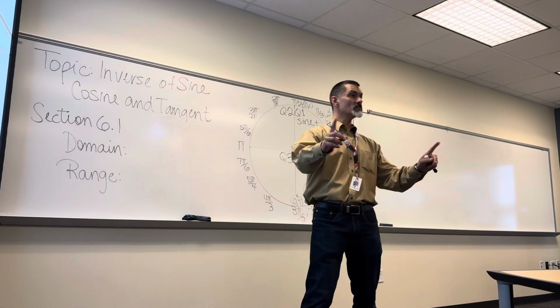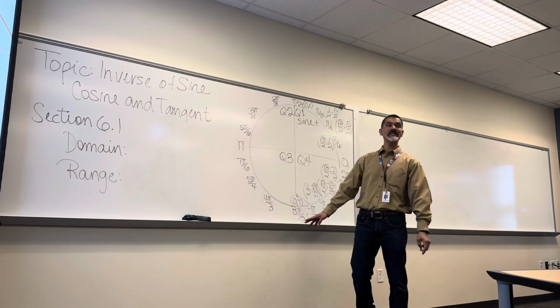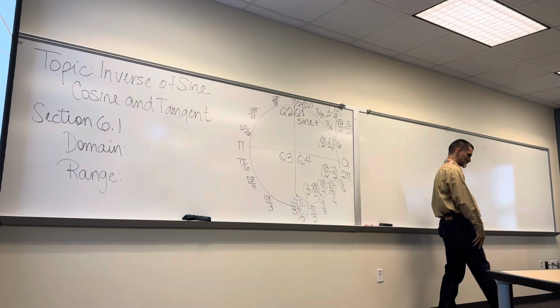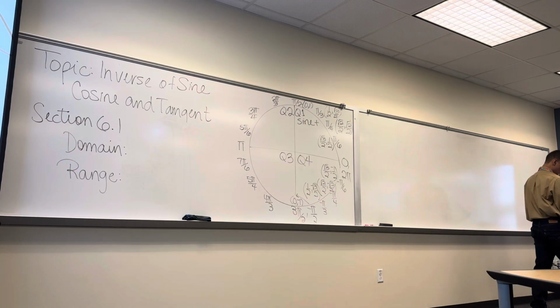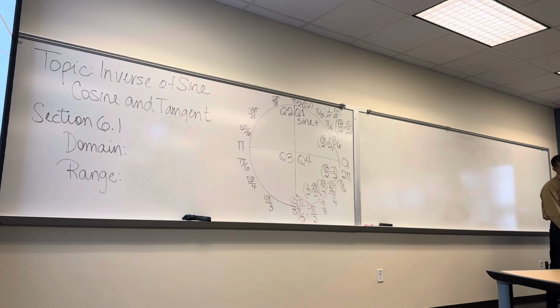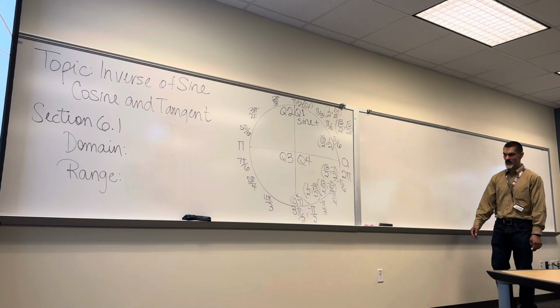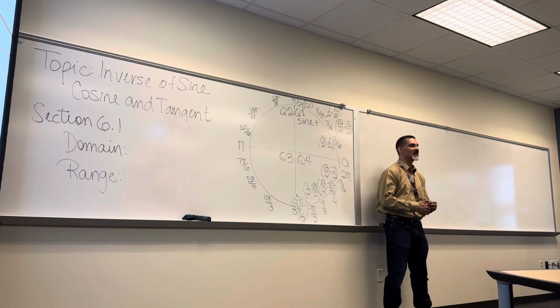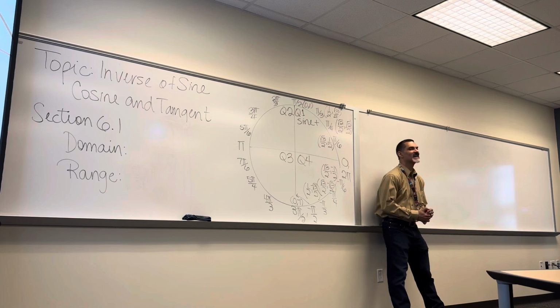Switch domain and range. So range would be 0 to pi, and the domain would be negative 1 to 1. Then you write it like this with the bracket, the number, the comma, the last number.